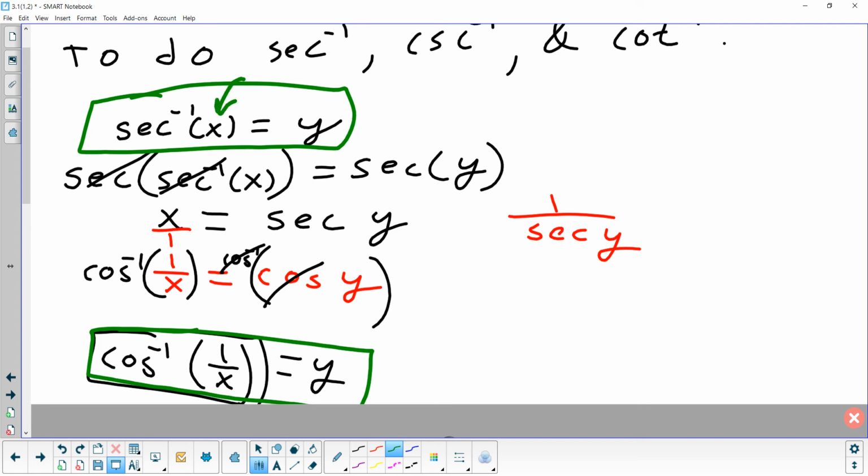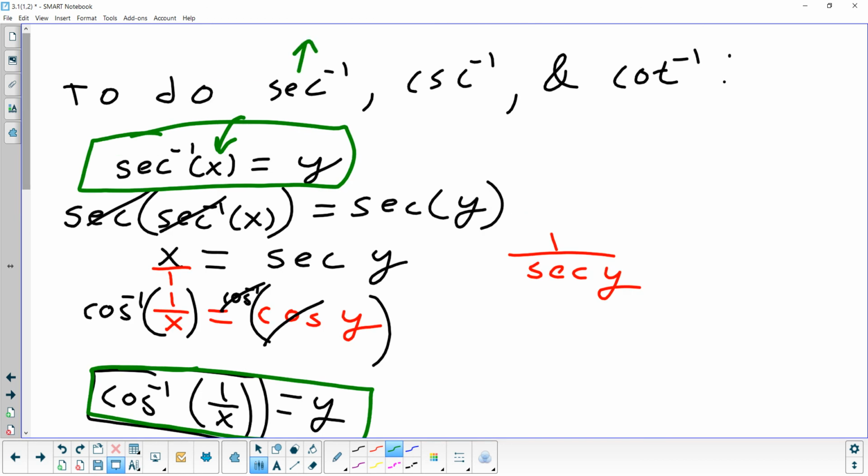So the two things you have to do if you have to do inverse trig of one of these three functions. Step 1, pick the trig function that you would get if you flip it. So like this one would be my cosine. This one would be my inverse sine. And this one, my inverse tangent. That's the first step.